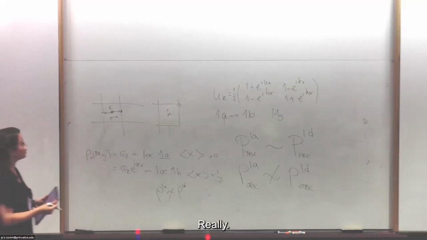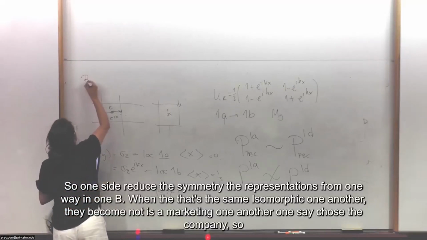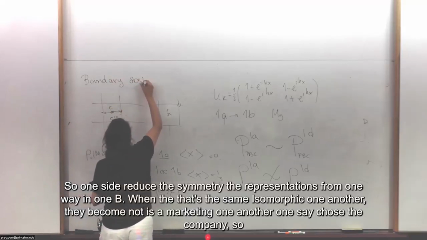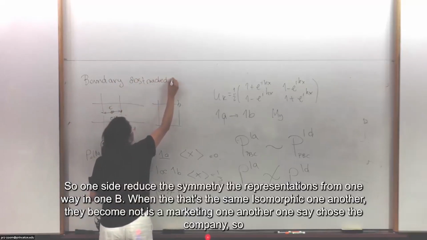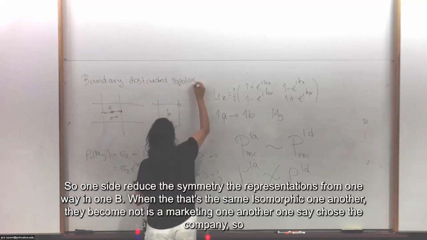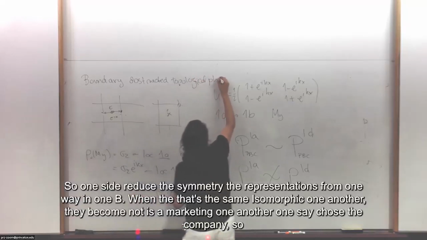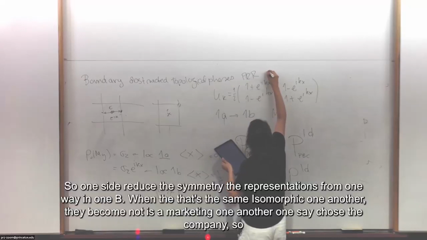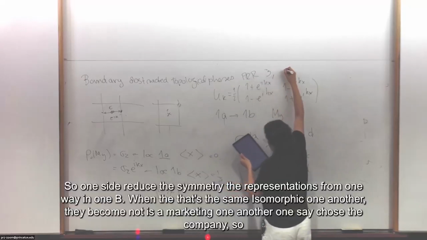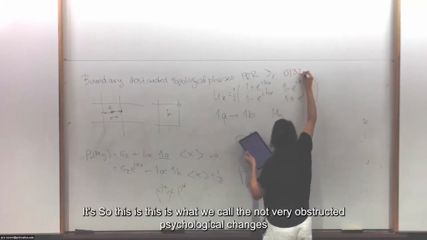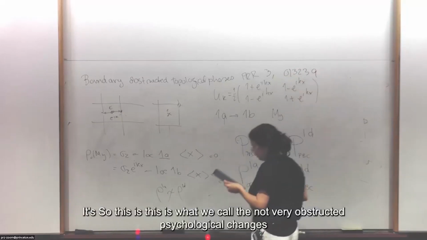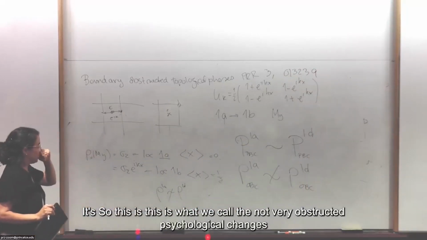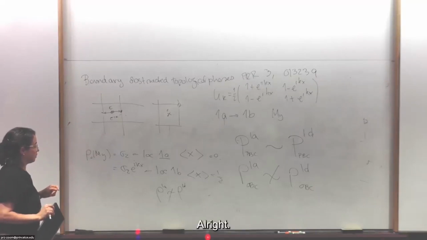So this is what we call the boundary obstructed topological phases. And yeah, it's a little bit strange, but it is exactly what it is.